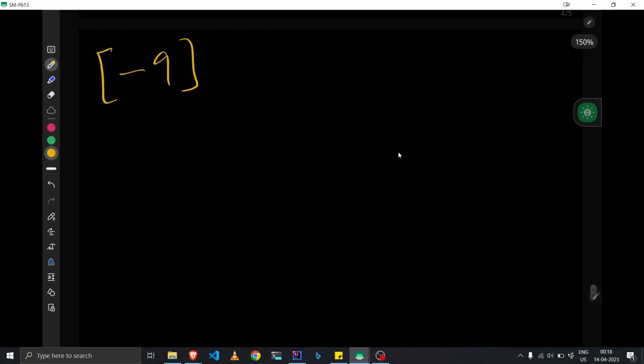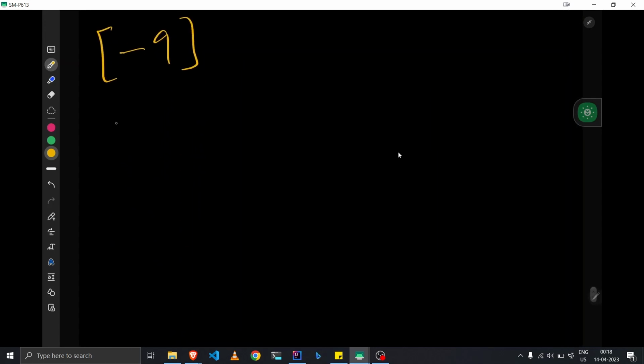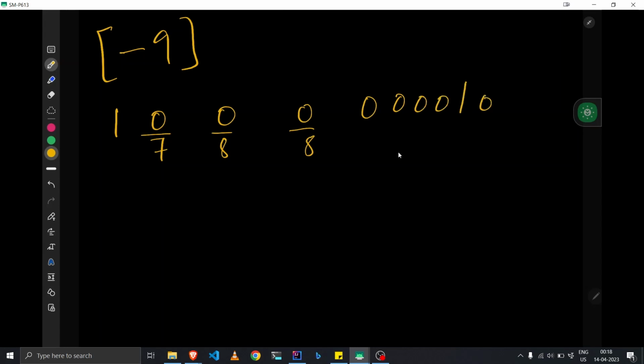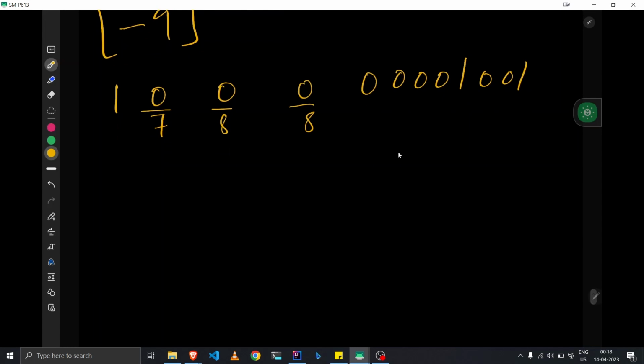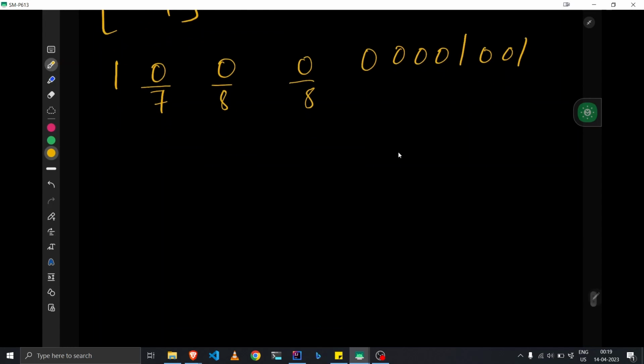So let's first take it to our representation, where we had 0, 7 zeros, 8 zeros, 8 zeros, and then 0 1 0 0 1, right? We had this. But what Java does is take the 2's complement of it and then store it. So running 2's complement on it first.